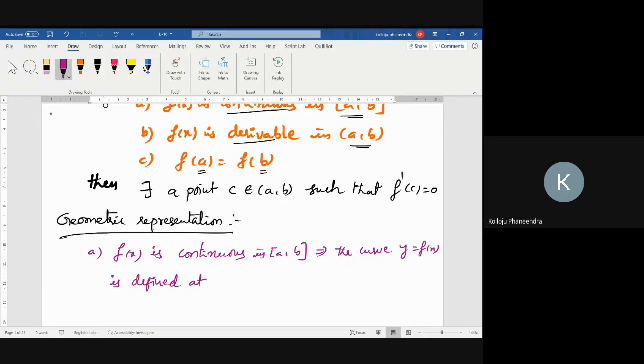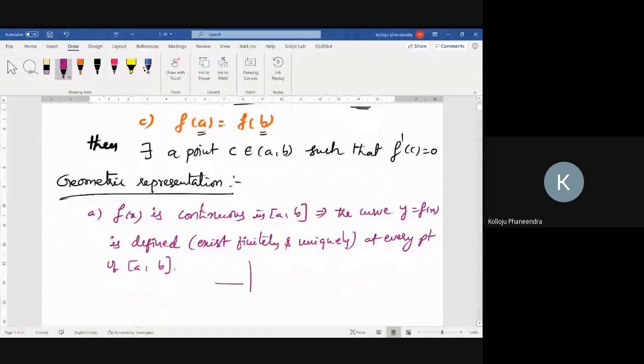Defined means exist finitely and uniquely. That means the left limit value and right limit value are both the same at that point, at every point of the closed interval a comma b. Continuous means, if I consider a and b here, the curve must be continuous, like this. It is a continuous case.